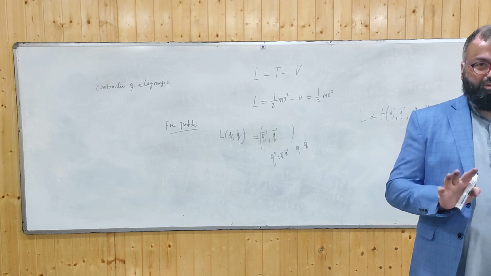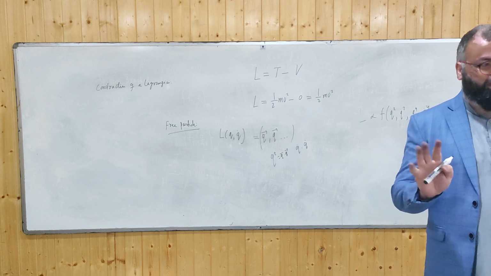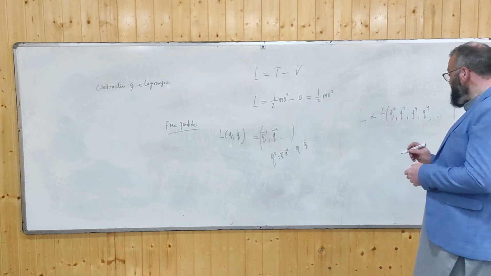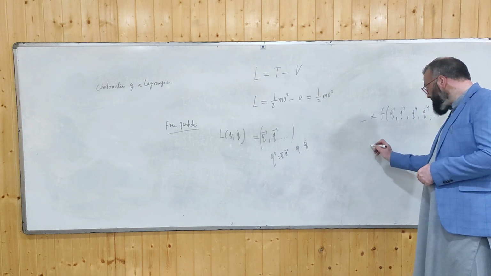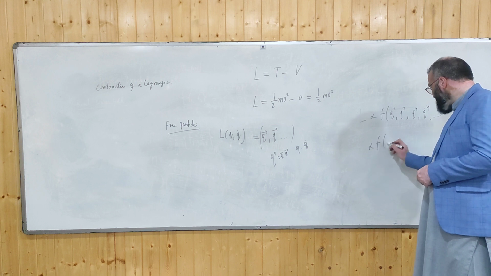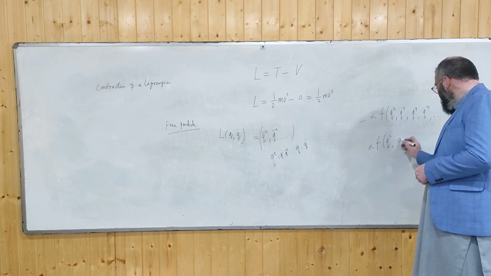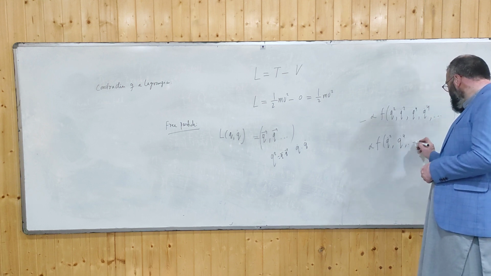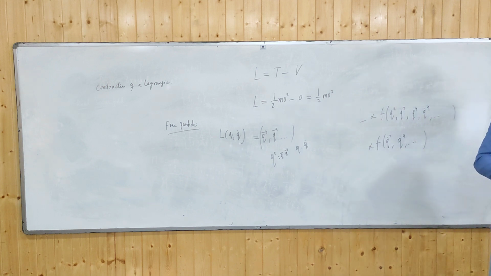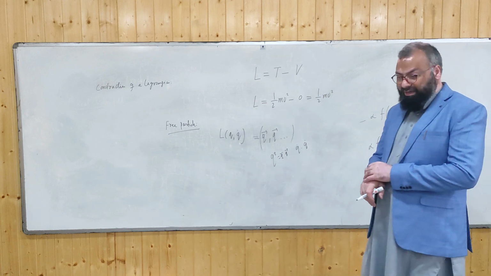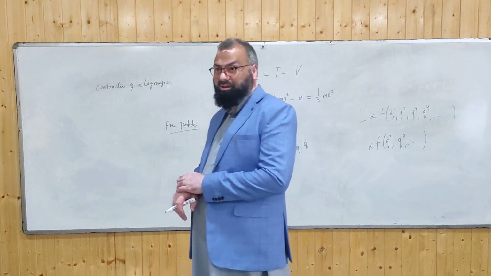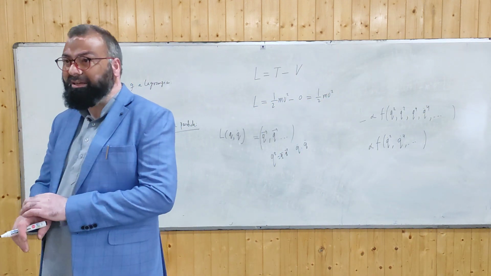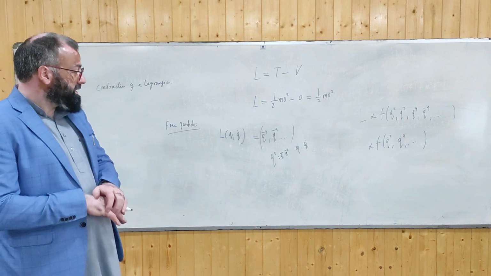You got my point? So we are using the symmetry principle. So this Lagrangian for a free particle should only depend upon squares of these velocities, not on the coordinates. Clear?